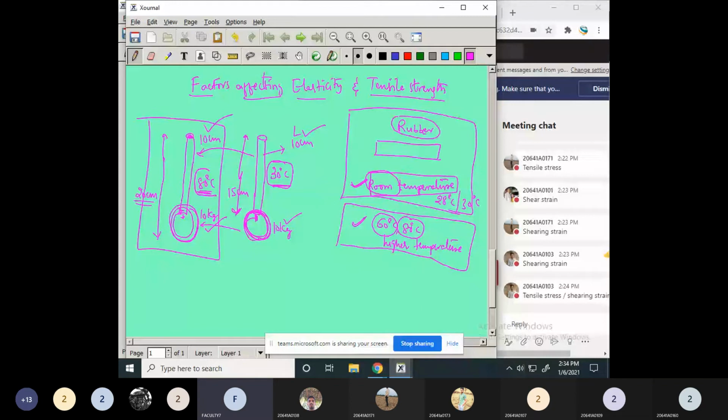Then this particular rubber band will melt, somewhat, not exactly. Internally some properties will change, due to that the elongation will increase automatically, you are going to get extra elongation. So now what is the thing you need to consider?